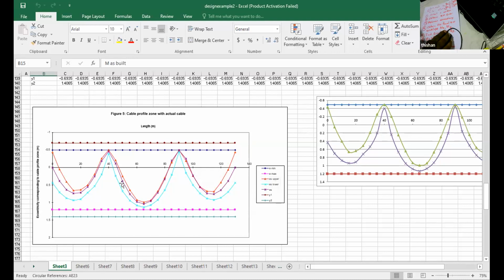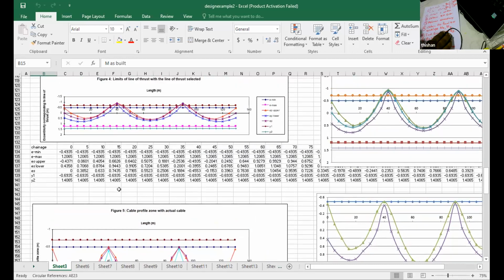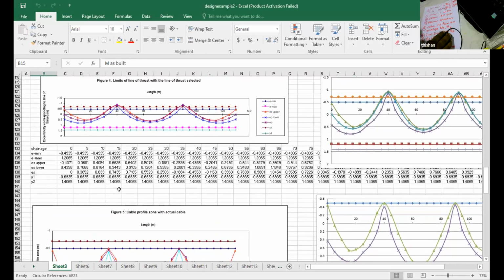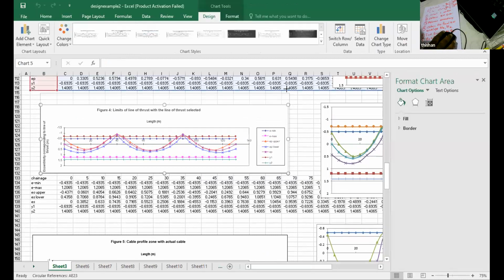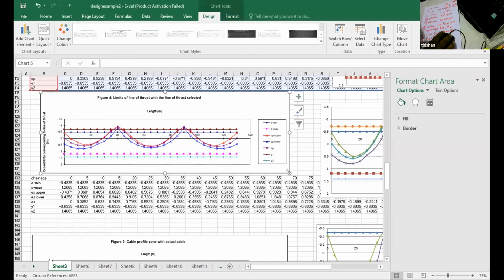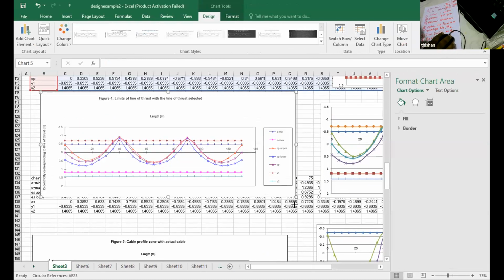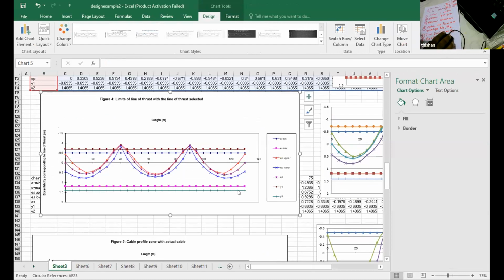And the moment you know ES, you can find the EP profile. And if I make it slightly bigger for you to have a closer look. Right.